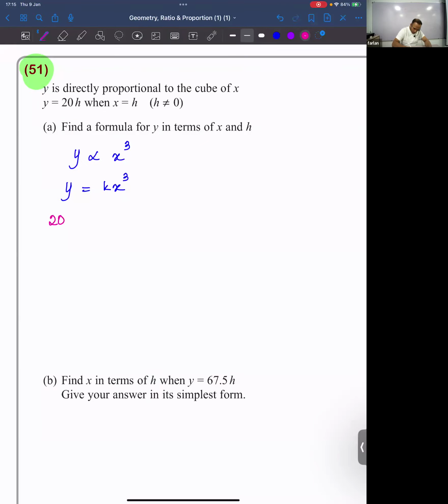That is k equals 20 over h square. One of the h will cancel off. Then put that k into this equation. Y equals kx cube. K is 20 over h square, 20 over h square into x cube.